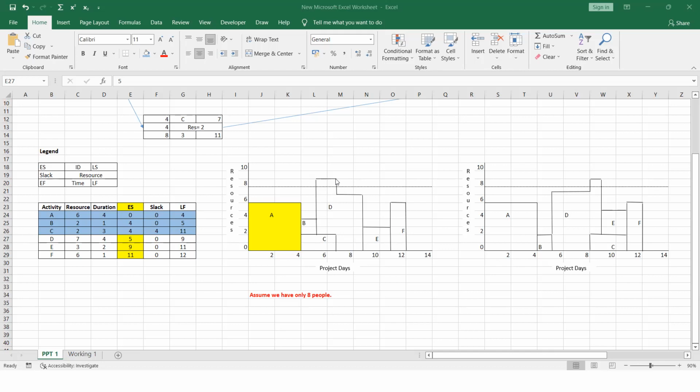And after coming to this point itself, we can reduce our resources. That's why I have reduced this and I am having from here to here 7. And I will go for the duration up to the 4. And this is for the D activity. So are you all clear with the D activity?